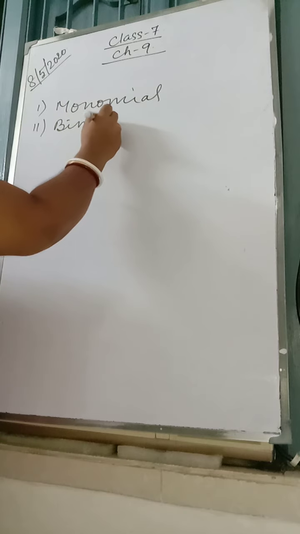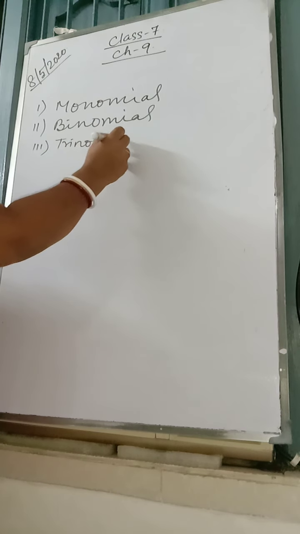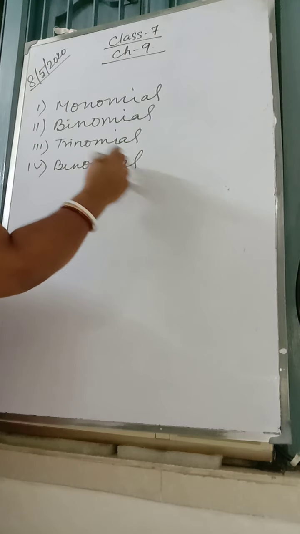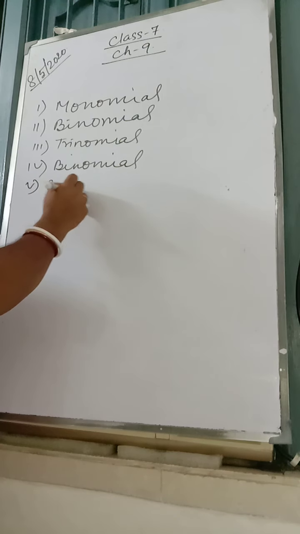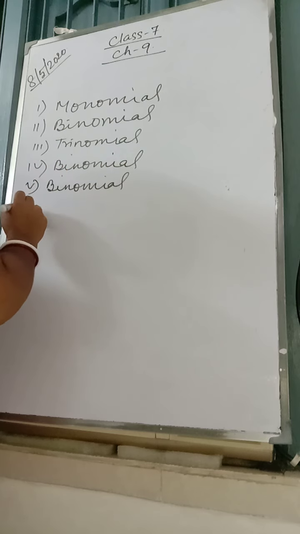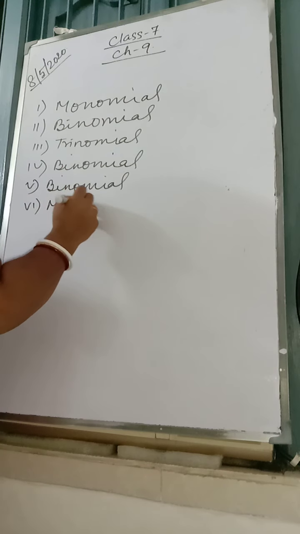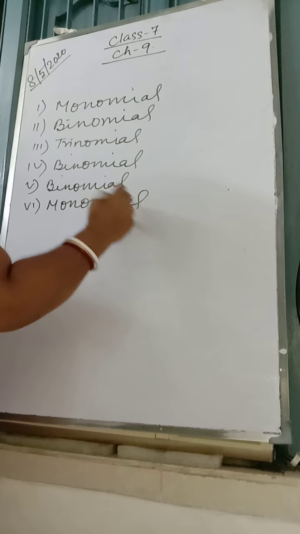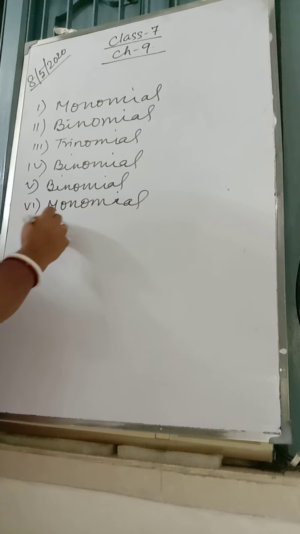So we have 1 is monomial, 2 is binomial, 3 is trinomial, 4 is binomial again, 5 is again binomial, 6 is monomial, 7 is again monomial.